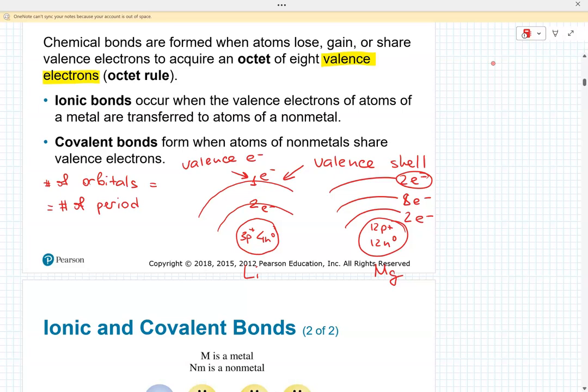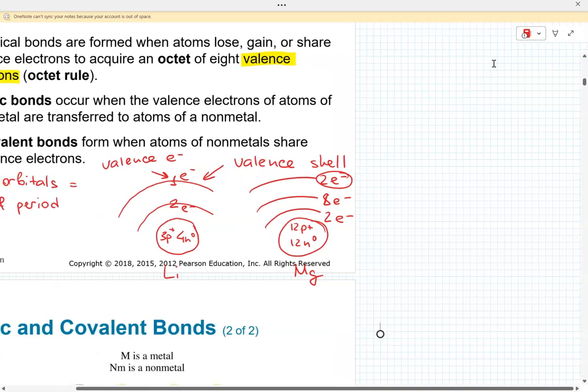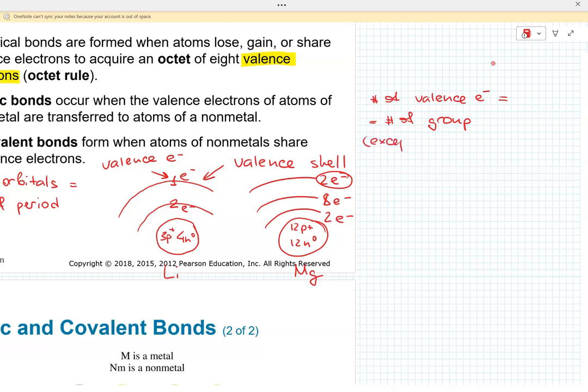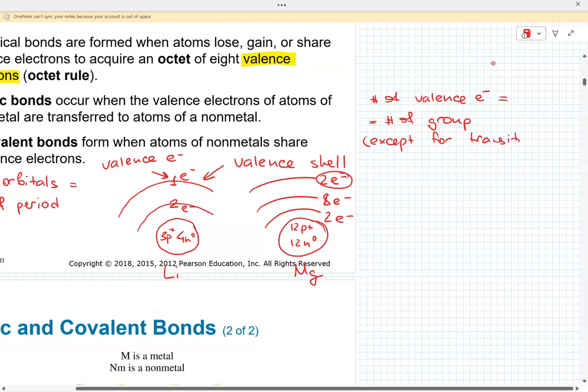So basically the group determines how many valence electrons? Except for transition metals, yes. Thank you for the comment. I'm going to put it here. The number of valence electrons equals the group number, except for transition metals.